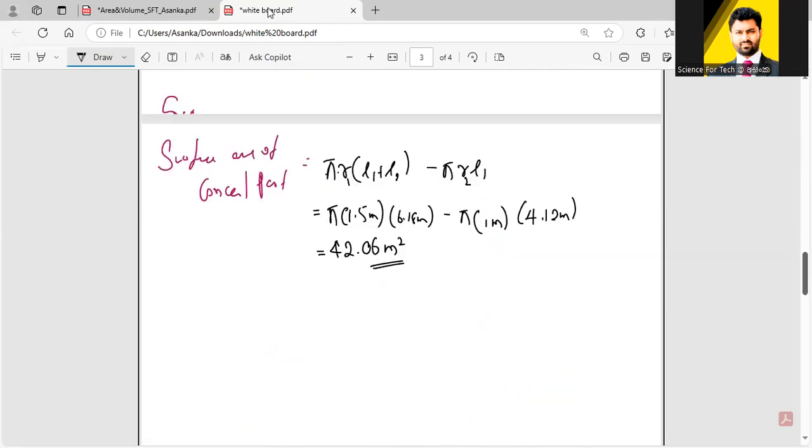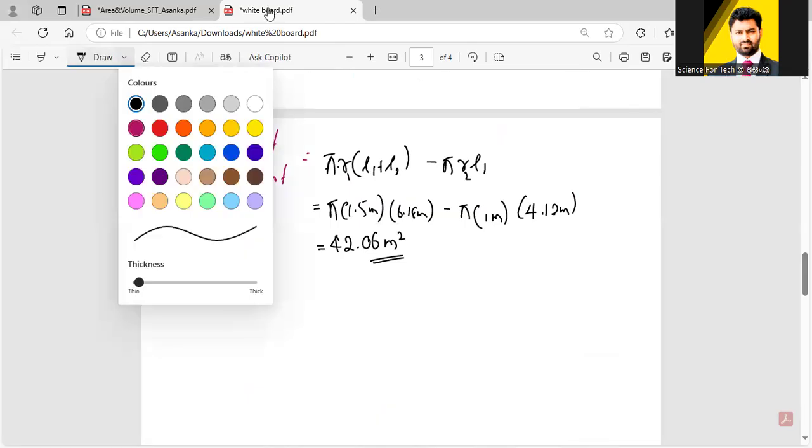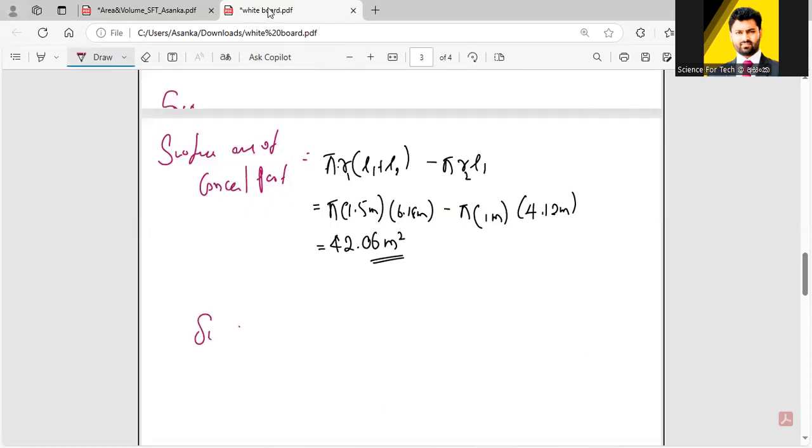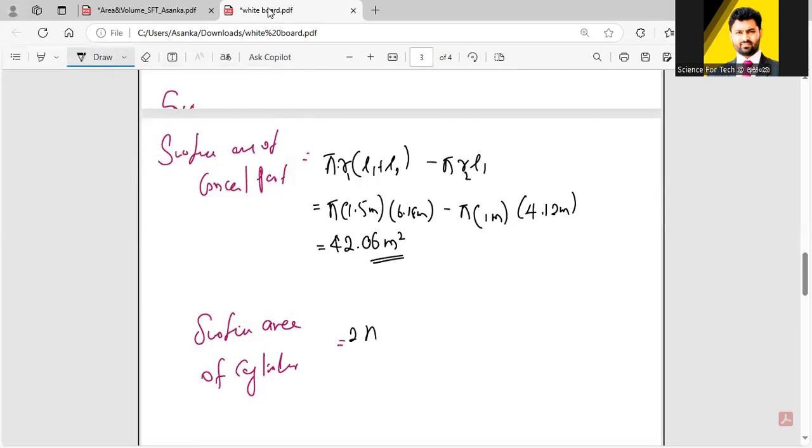Now we have to find the total surface area. Then I'm going to find the surface area of the cylinder. 2 pi r L, where r, the radius, is 1.5 meters.